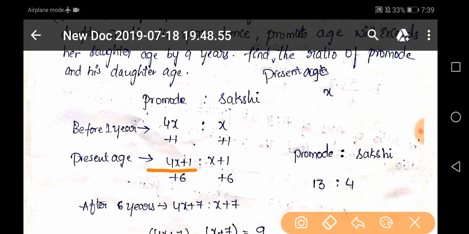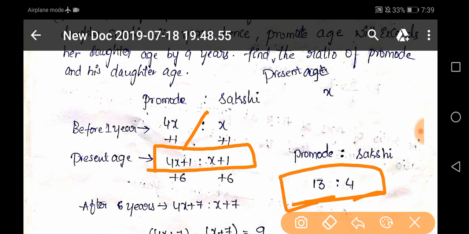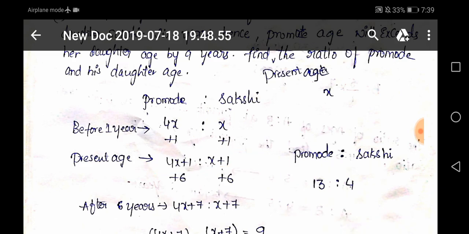So what is the present age? This is the present age, right? Just substitute the x value here. So 4 into 3, 12 plus 1 is 13 and 3 plus 1 is 4. This is the present age of Pramod and Sakshi.